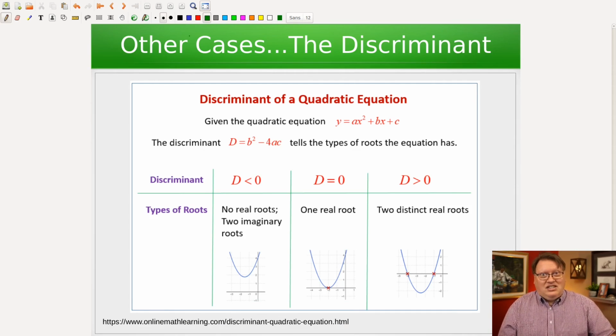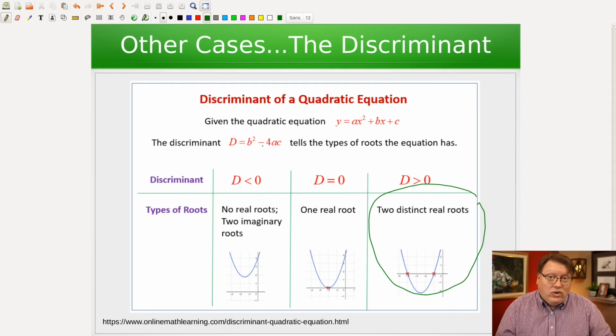In other cases, the ones we were solving had 2 solutions. We were looking at 2 distinct real roots, which is the case here. This is where your d, that b squared minus 4ac, called your discriminant, comes in. It's what sits under the radical, or the square root, in the quadratic formula.